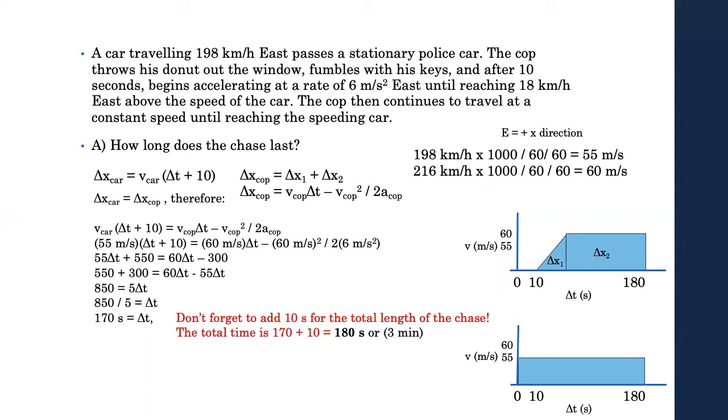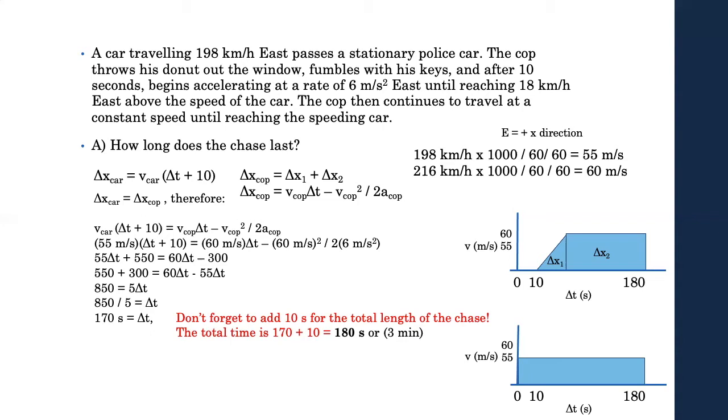Yep. Why do you subtract them? For the cop here? Yeah. So what I did is I said V of the cop was the final speed, 60 meters per second. And I multiplied that by the time of the chase, so from here to here.